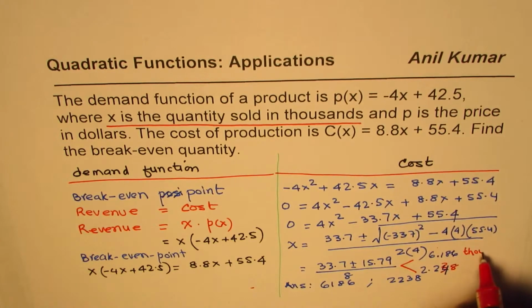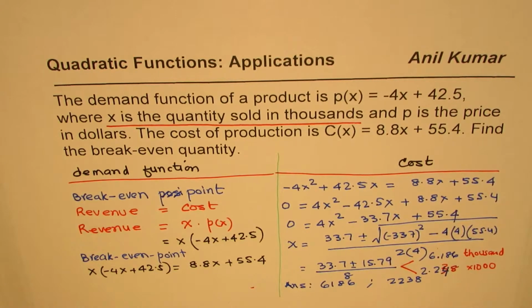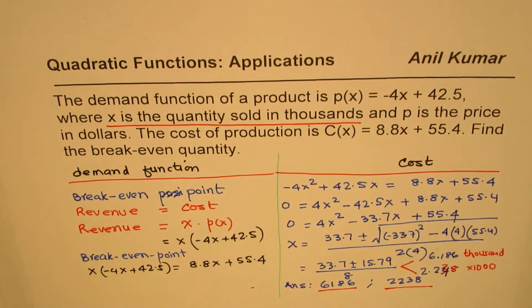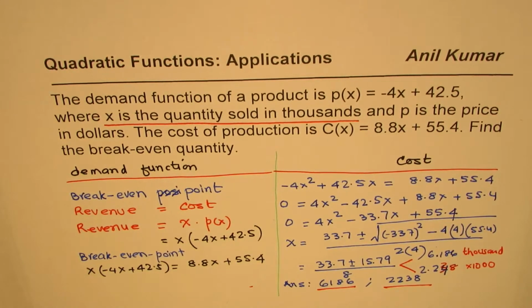You can also write 6.186 thousand as the value of x. So these two values give us the quantity which should be produced to break even. Whenever we have two quantities, we prefer the lower one, right? So when we produce around 2,250, rounding up, we get the break-even point.